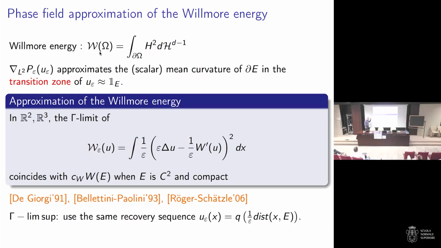So it started with contributions by De Giorgi and then several papers, in particular a paper by Bellettini and Paolini on the gamma-limsup property, and a paper by Röger and Schätzle on the gamma-liminf property, which is the most difficult to prove, and due to embedding conditions, you can prove that only in R2 and R3 for limit sets whose boundaries are C2 and compact. So, okay. And it's the same recovery sequence that you can use for proving the gamma-limsup.